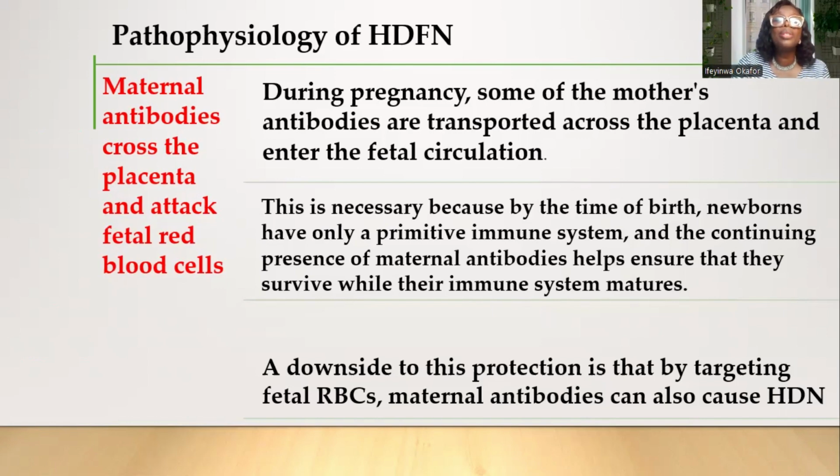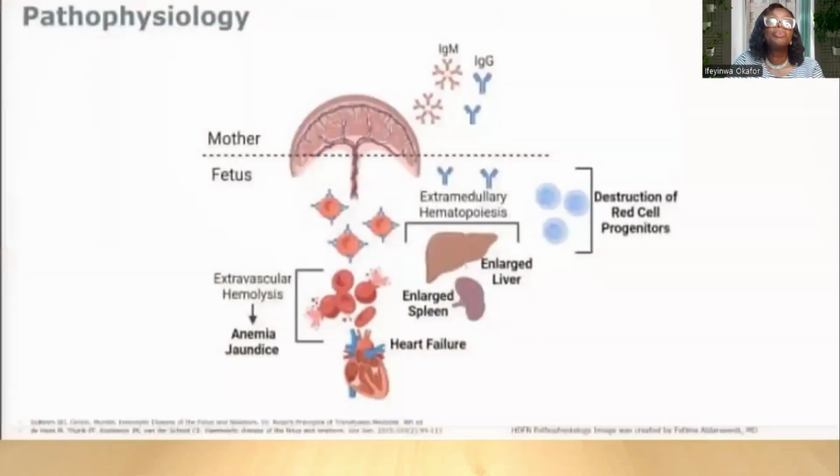But a downside to this protection is that by targeting the fetal red blood cells, maternal antibody can also cause hemolytic disease of the newborn, especially when you have blood group incompatibility between the mother and the child. So the maternal antibodies can cross the placenta and attack and destroy the fetal red cells.